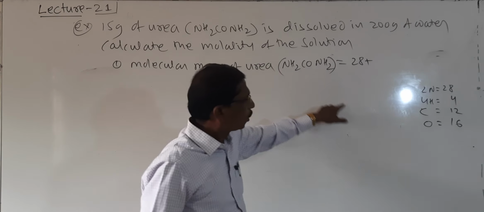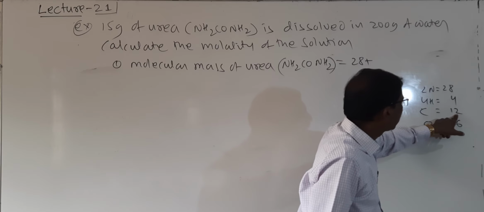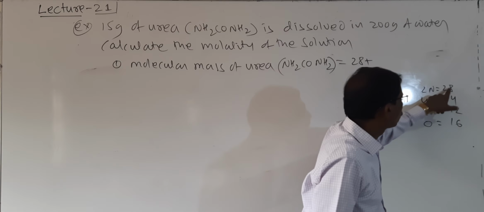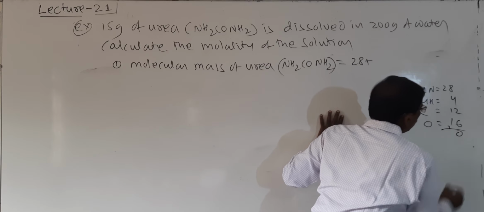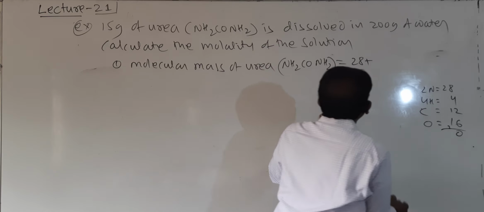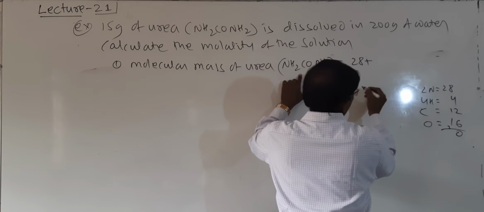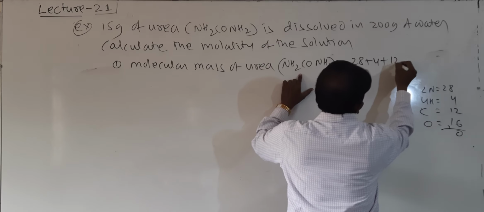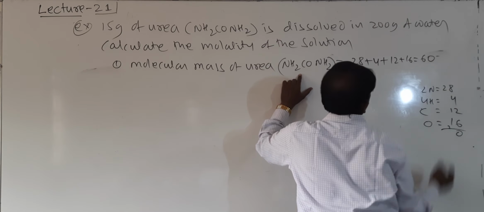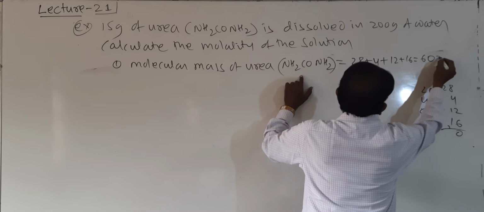So 28 plus 4 plus 12 plus 16 is equal to 60. The molecular mass is 60 gram.